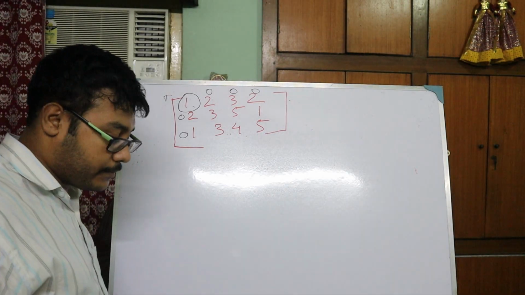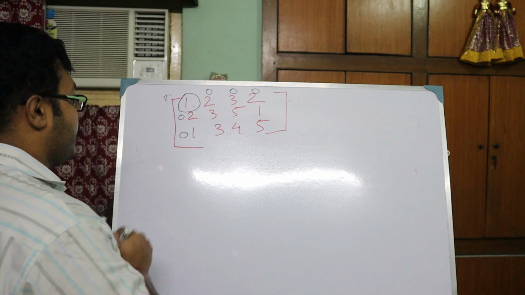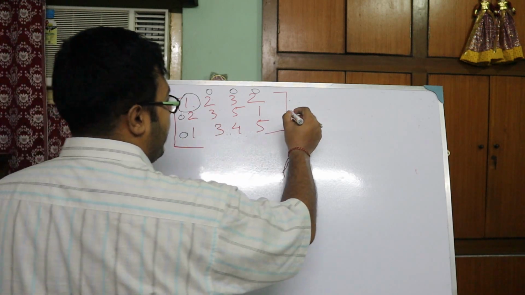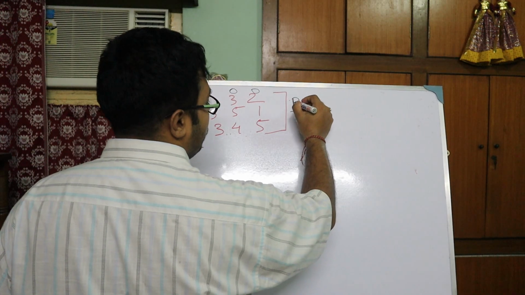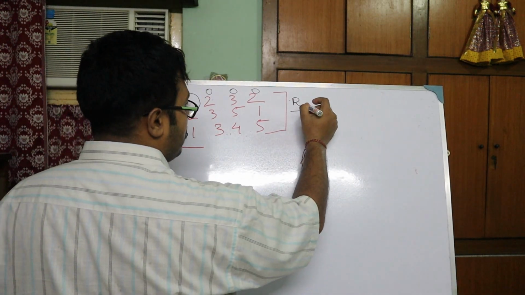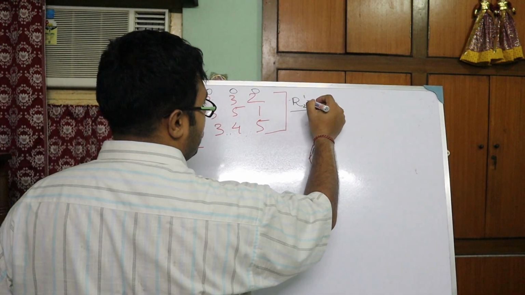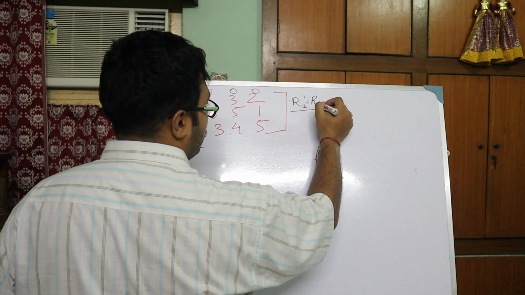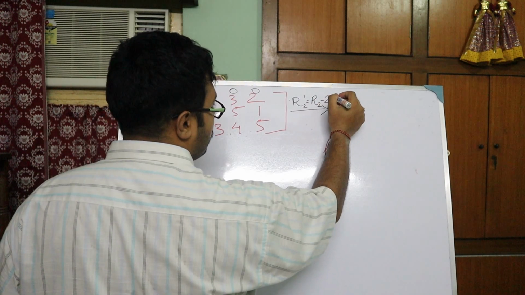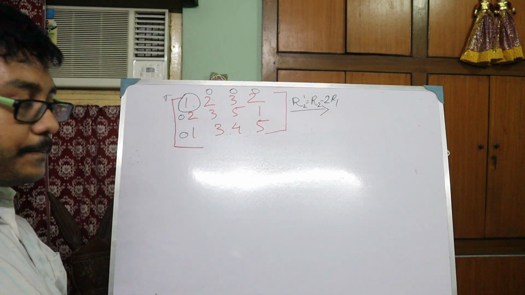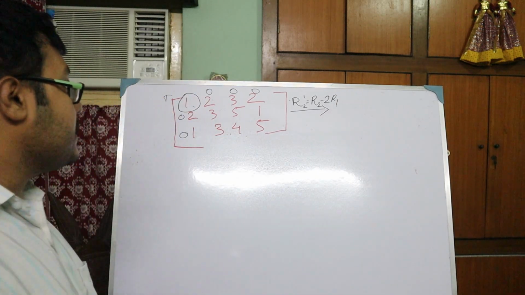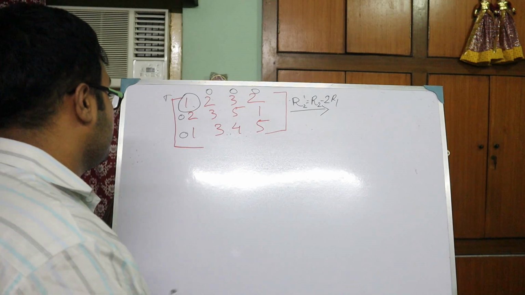And this kind of thing will go on. Now see, in this case, I am converting the row first. I am doing the row operation first. So, row 2 dashed is equal to row 2 minus 2 into row 1.